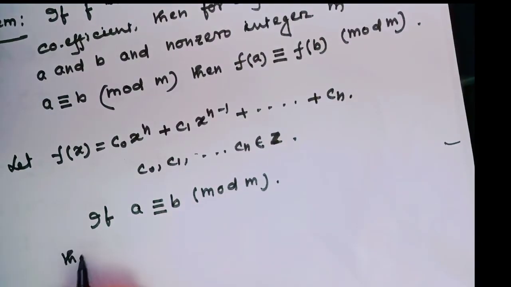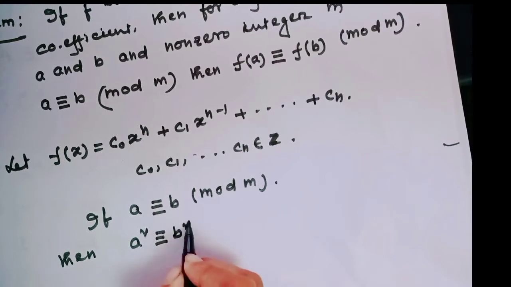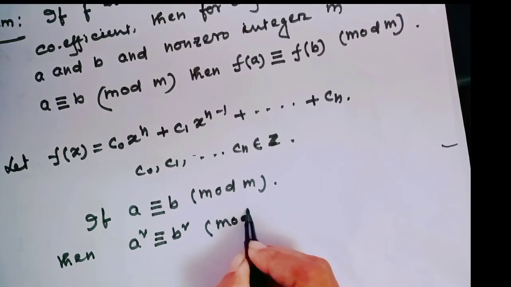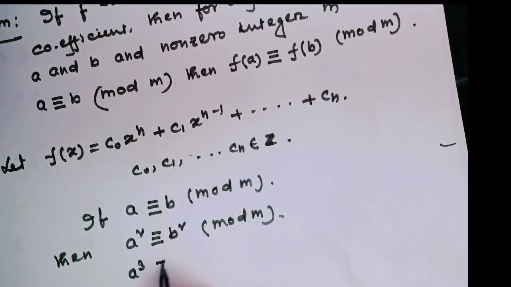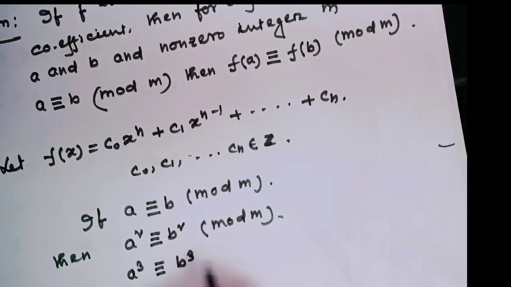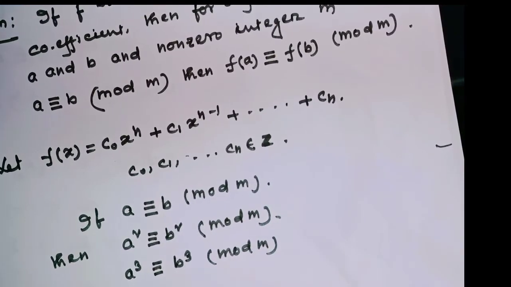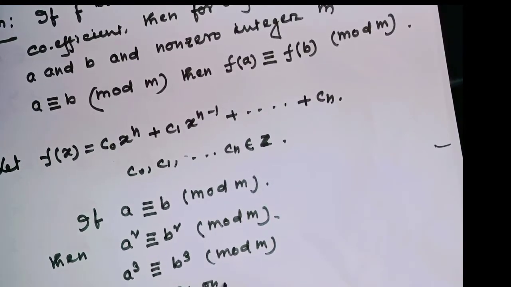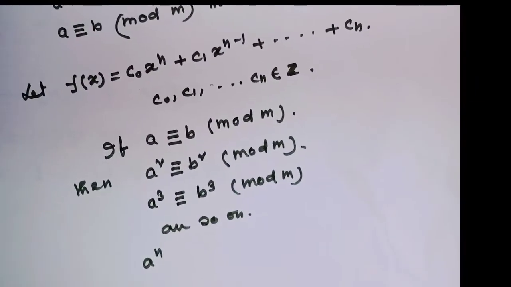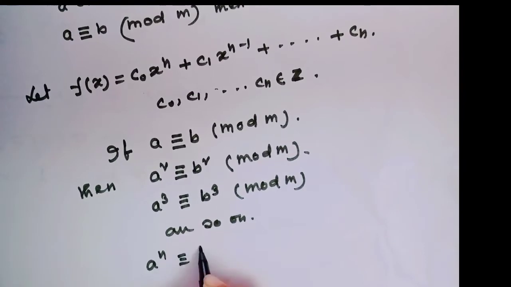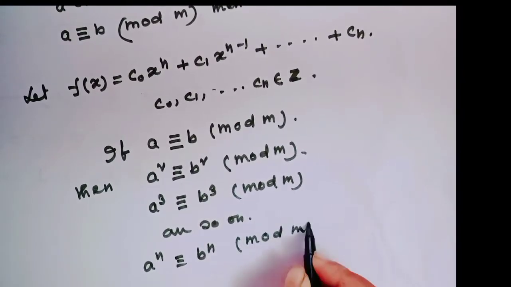Okay, and if a ≡ b (mod m), then a² ≡ b² (mod m). Similarly, a³ ≡ b³ (mod m), and so on, a^n ≡ b^n (mod m).